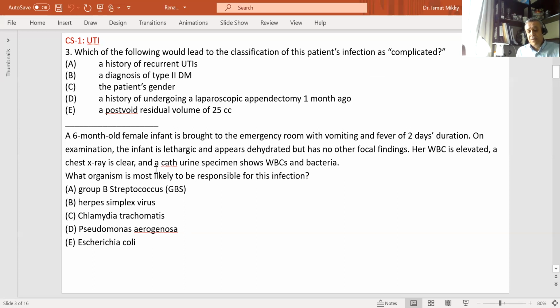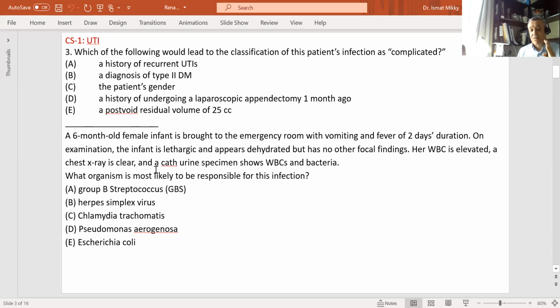Now, when we say post-void residual, a post-void residual volume greater than 50 up to 100 ml suggests abnormal bladder emptying. So 25 ml is within range, less than 50 is within range.